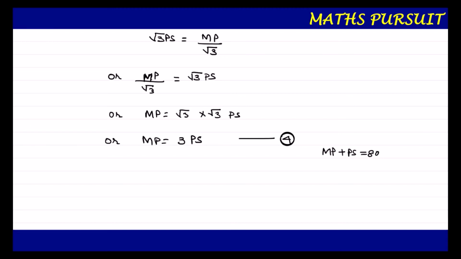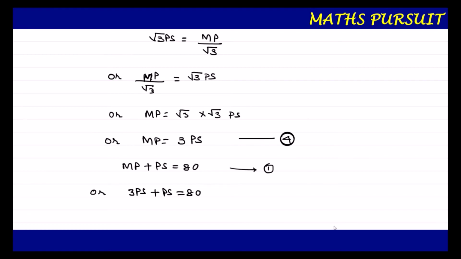Now guys, here we got MP is equal to 3 PS. So let me write equation number 1 down here: MP plus PS is equal to 80. Now let us replace the value of MP from equation number 4 in this step. So instead of MP I can write 3 PS plus PS is equal to 80.